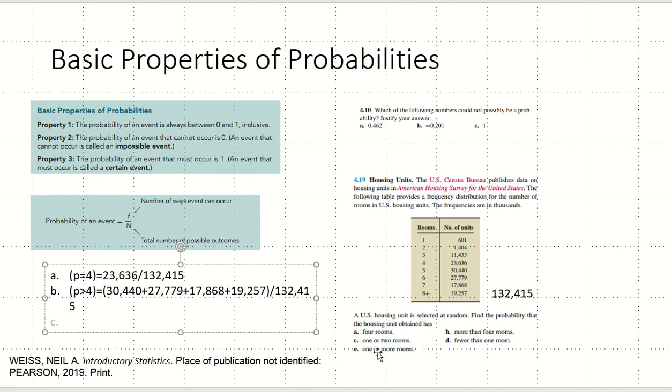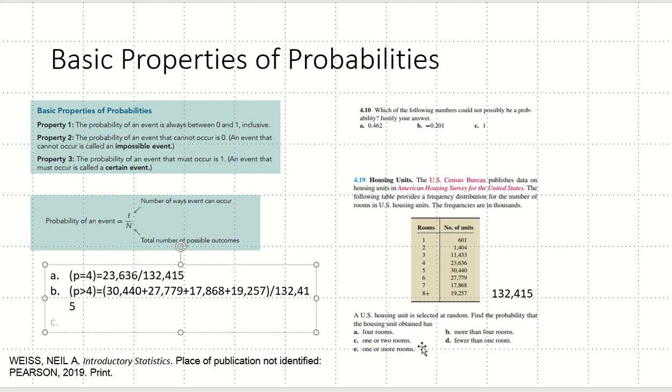Letter C says 1 or 2 rooms. Now, notice the verbiage here. It cannot say 1 and 2 rooms because that's kind of impossible. The unit either has 1 room or it has 2 rooms. It can't have both.